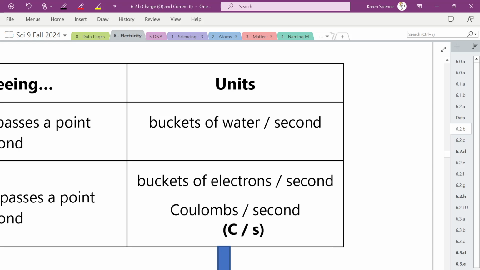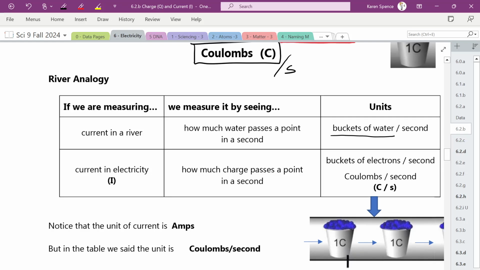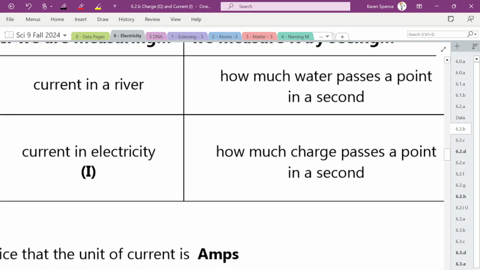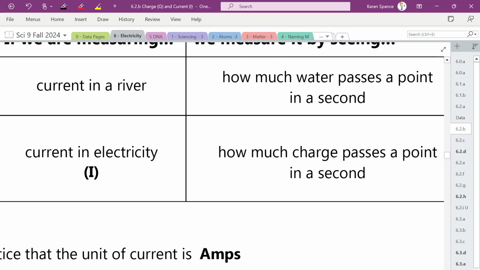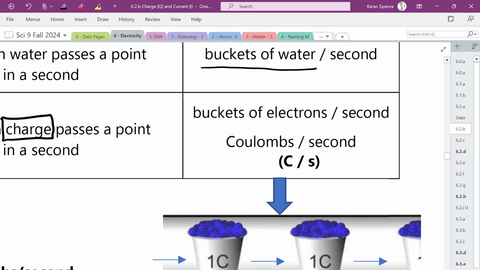Our unit is buckets of water per second. But if we're looking at current in electricity, symbol I, that's how much charge passes a point in a second. So we have buckets of electrons per second, which is coulombs per second.